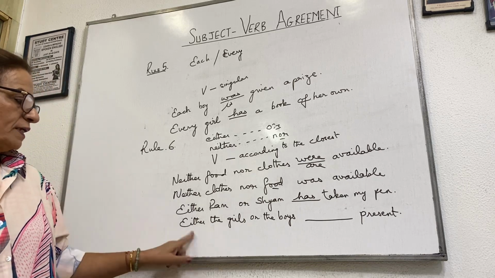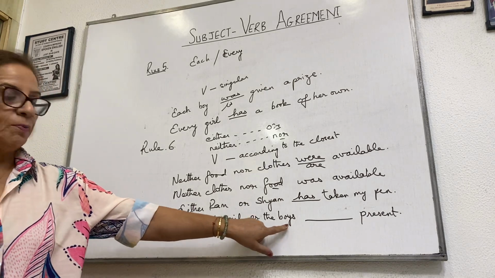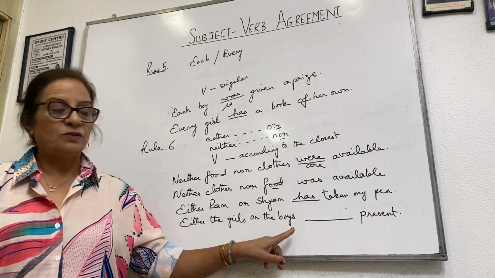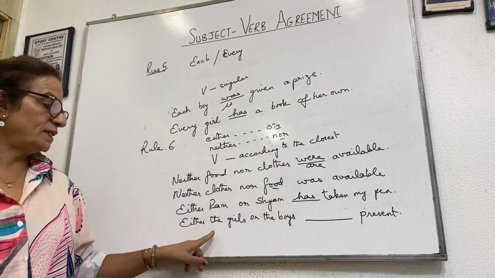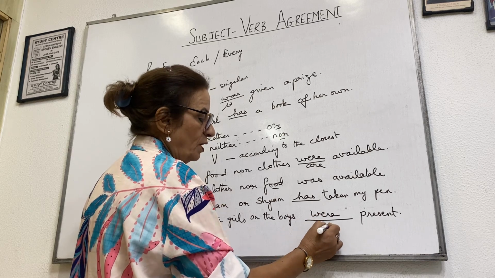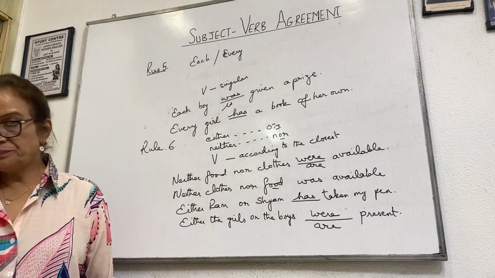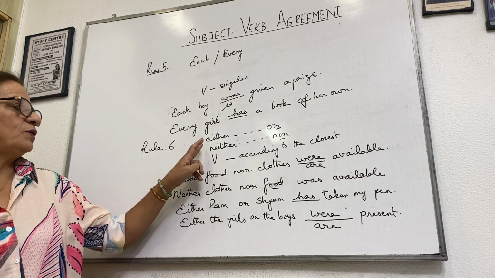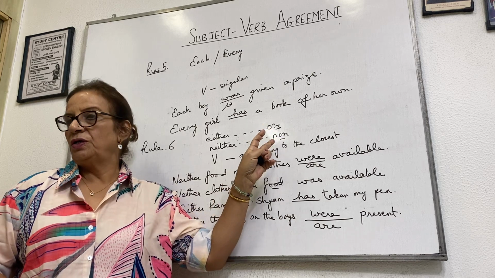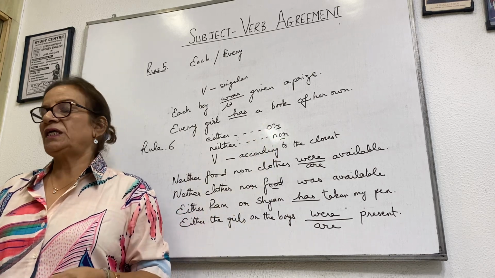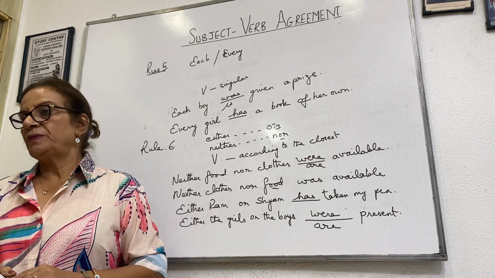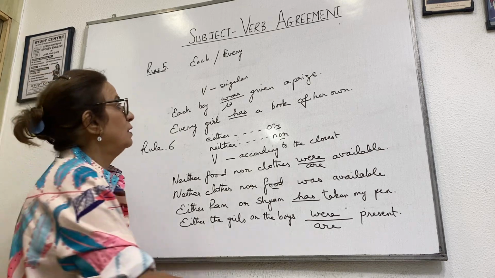So here either the girls or the boys, with or we are using plural subject, the boys. So a plural verb will come. Either the girls or the boys were present or are present. Okay. So the rule says when we use the pair conjunction either or, neither nor, closest to or, nor, whichever the subject is singular, it will take a singular verb. If it is a plural, it will take a plural verb. Is it clear? Let's go to the next rule.